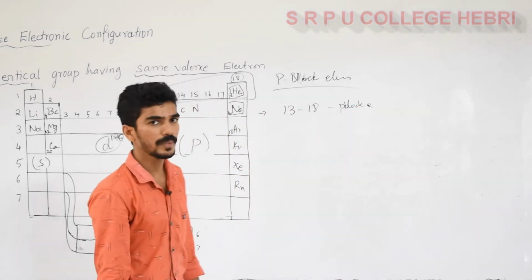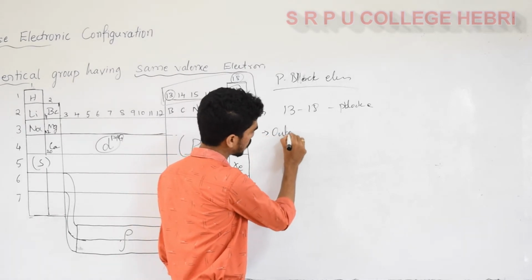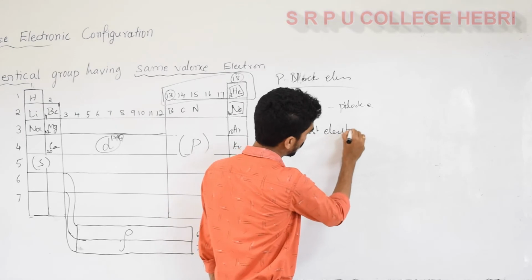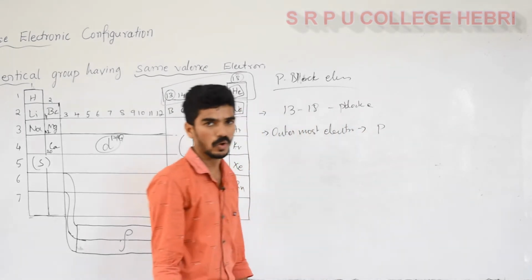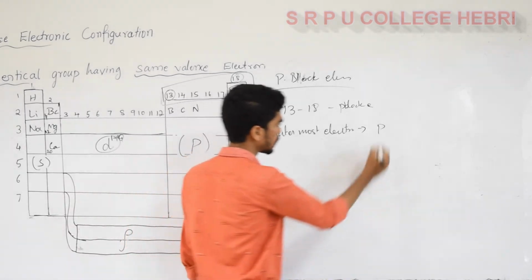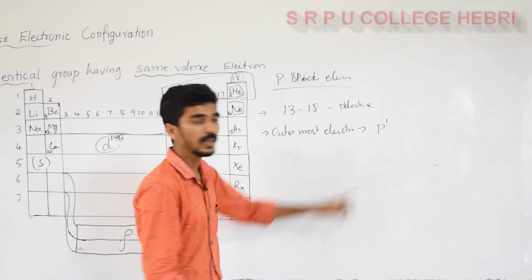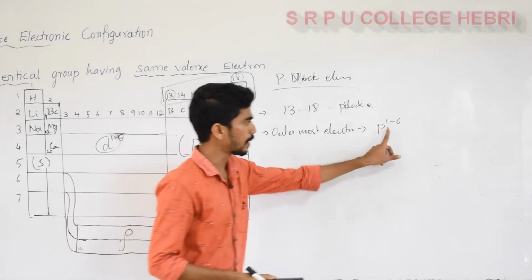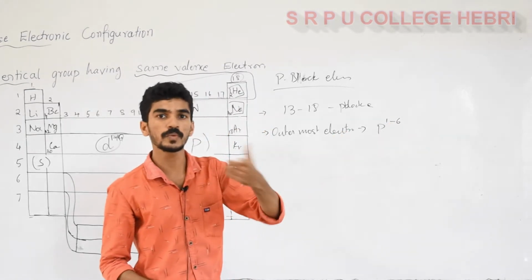Why are they called P block elements? Because the outer electronic configuration, or outermost electrons, fill the P orbital. The maximum capacity of the P orbital is 1 to 6, so there are 6 electrons we can add.